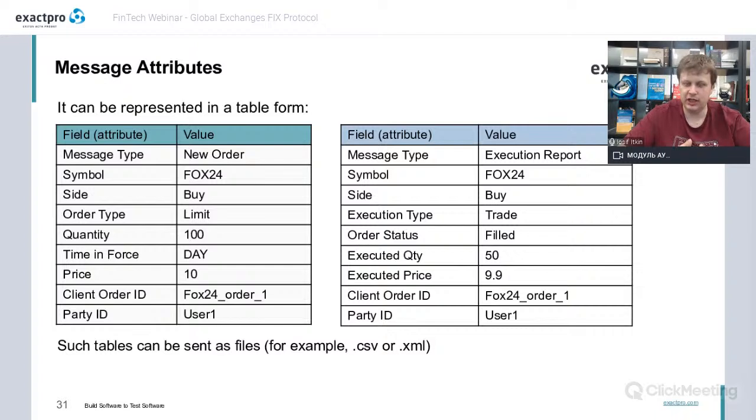So there can be different types of messages: new order, order cancellation, order amendment, etc. Side, another field, can be buy or sell, etc. So these are examples of the messages that can be used.